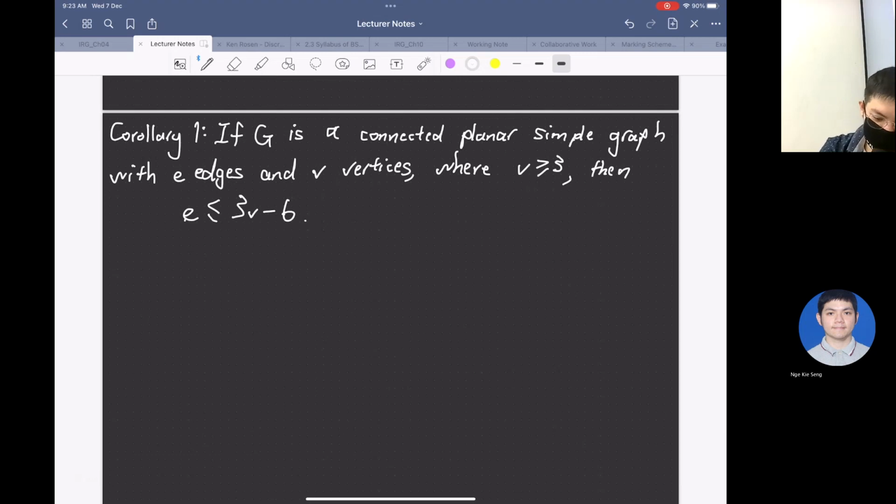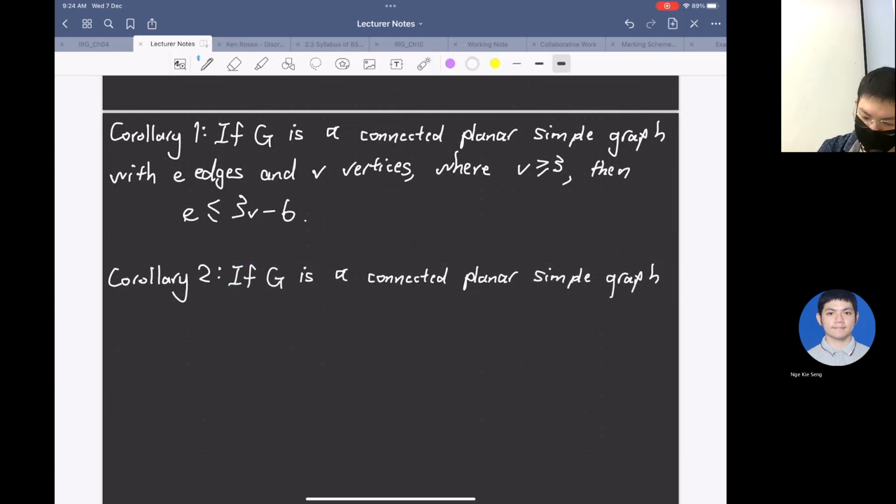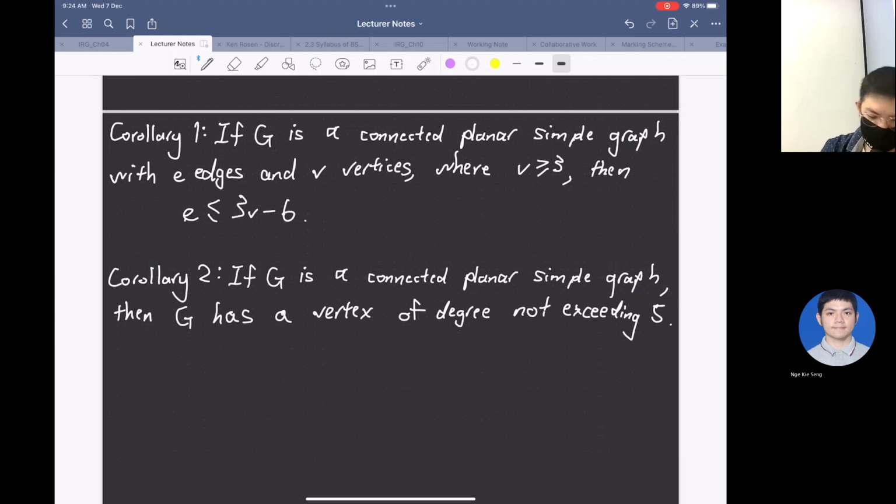And then the second corollary is: if you have a connected planar simple graph, then G must have a vertex of degree not more than 5.